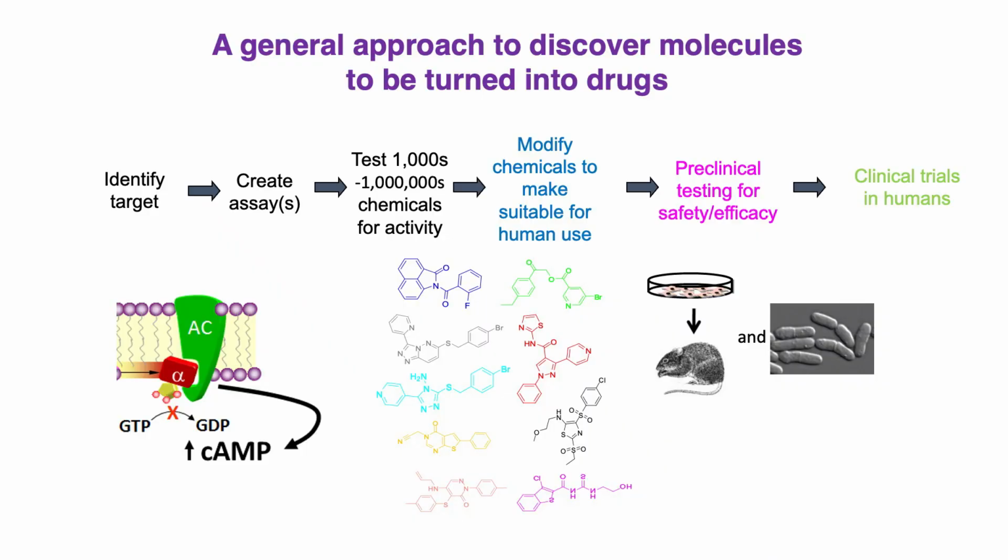Generally, drugs are developed by first identifying some kind of target, generating an assay for it, and then carrying out some sort of high throughput screen, testing anywhere from thousands to millions of compounds, finding active compounds, and then going through medicinal chemistry to modify them to make them more suitable for drug use, testing them in various models, and finally getting to clinical trials.